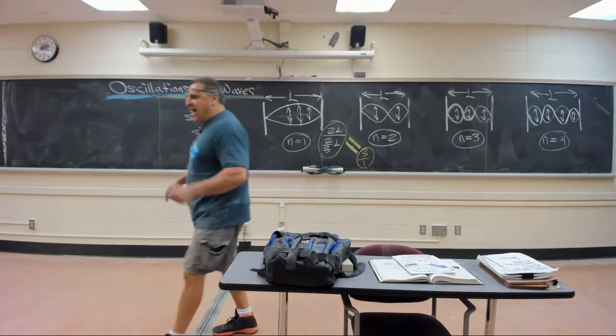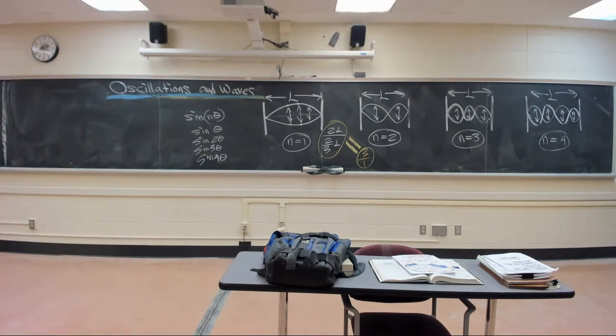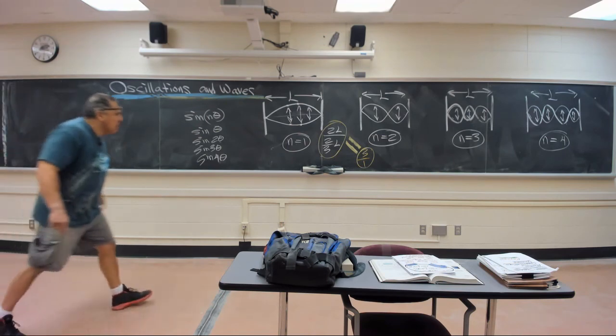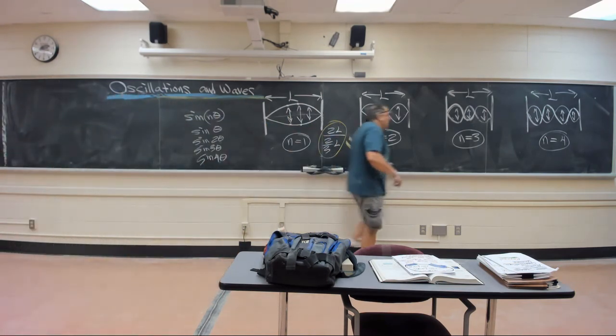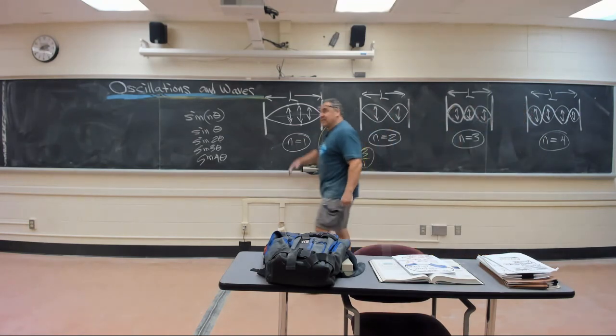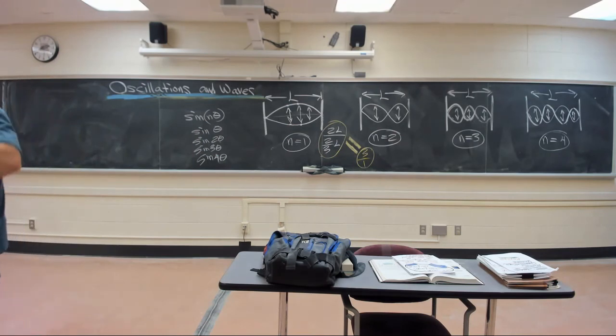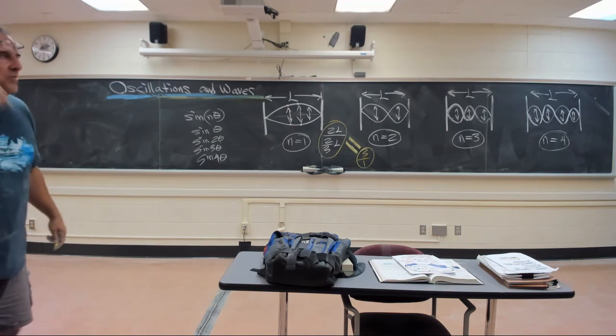So if I have less of a wavelength, if this is 1/4 the wavelength of the long one, and I still want it to be the same speed, its period has to be 1/4 the period of the long one's period, which means 1/4 the period means 4 times the frequency.